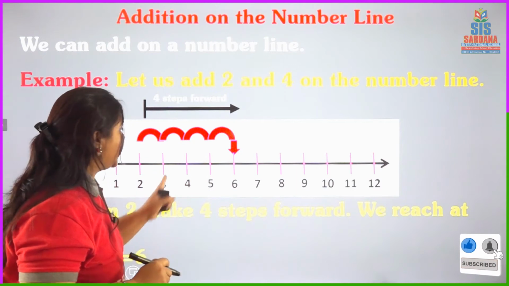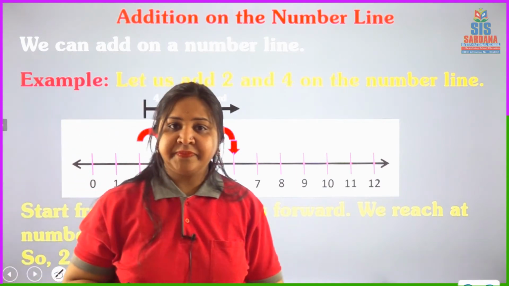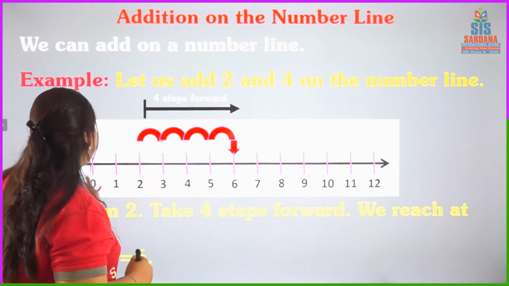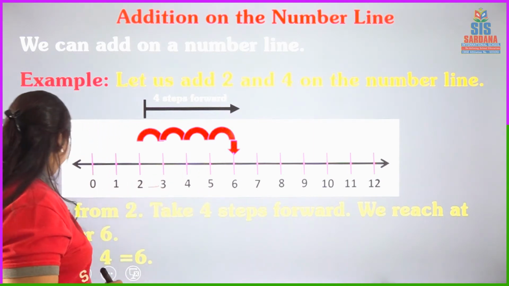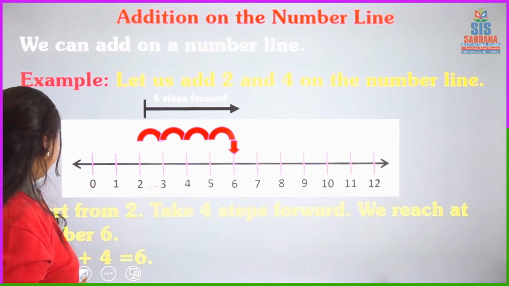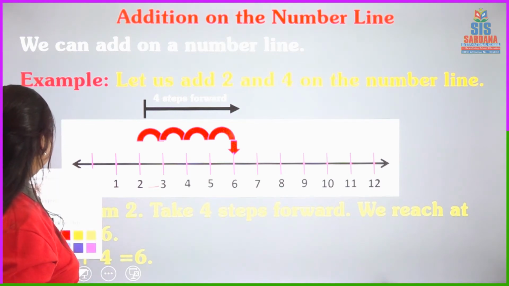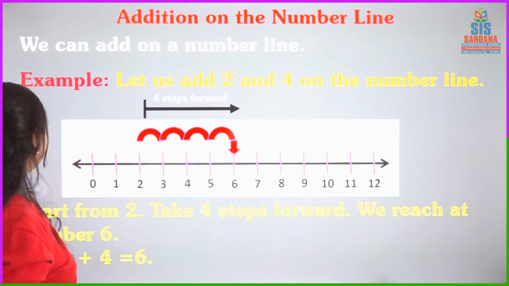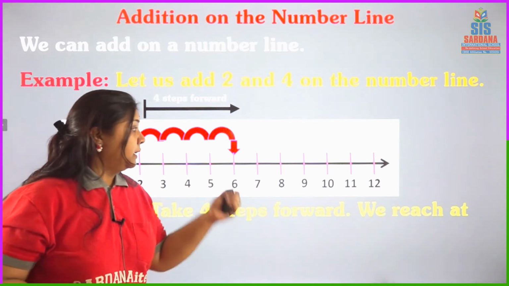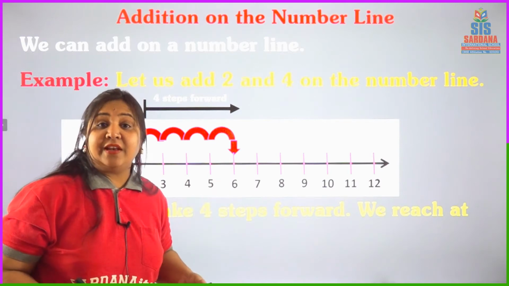Okay? And see the partitions are given here. Why? To write the numbers. So here numbers we have written on the line. What we have done? We have written the numbers on the line. Okay? So, see, it is looking like a railway track.